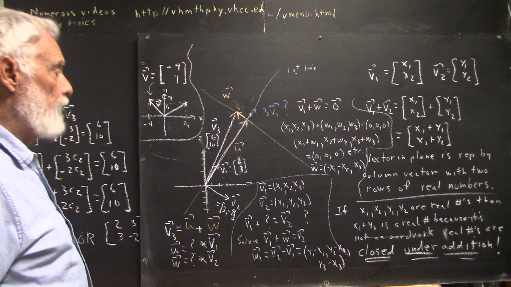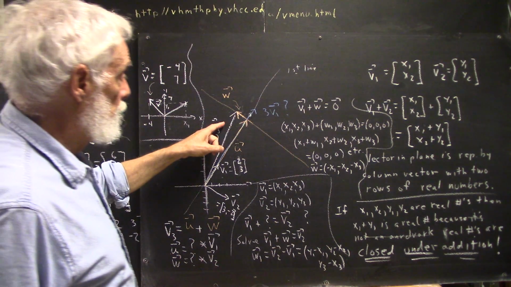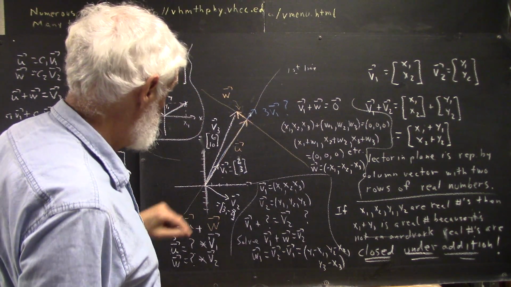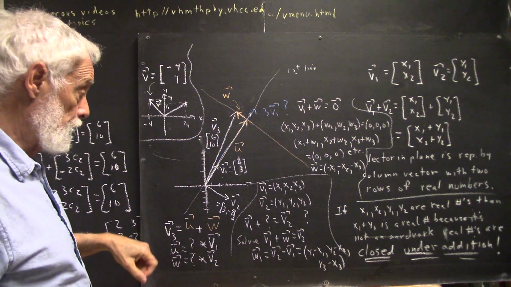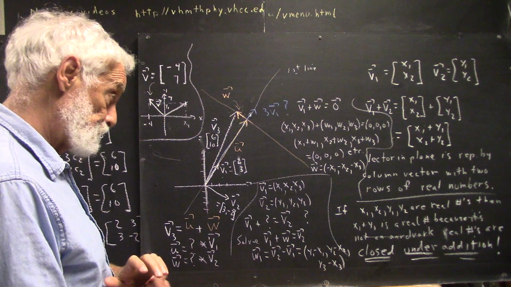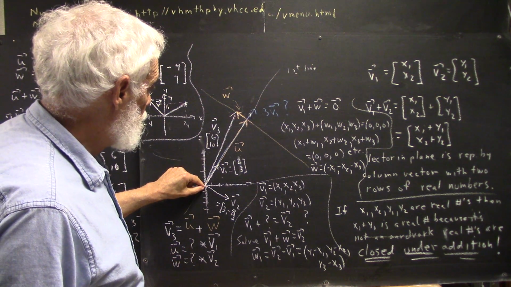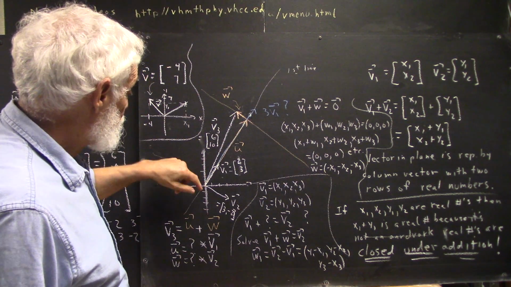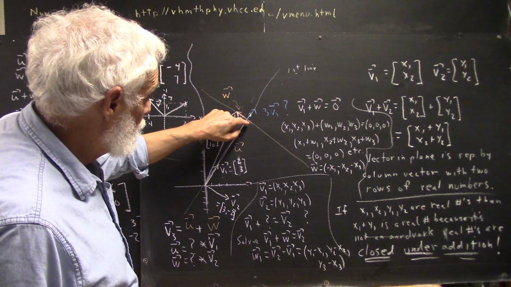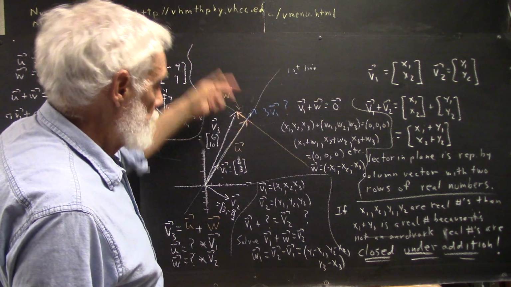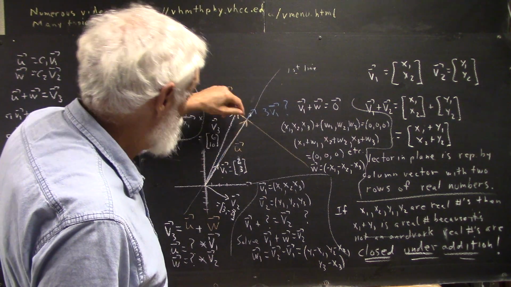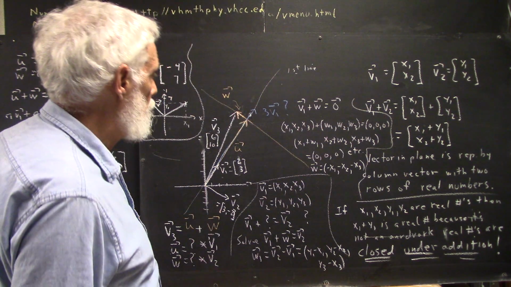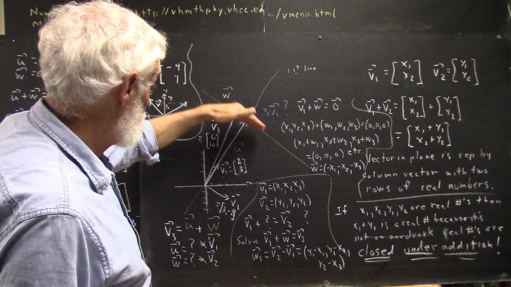So now we can say that the vector V3 is equal to the vector U plus the vector W, in the very clear sense that if U starts at the same point that V3 does, then we move along U until we get to a point that we can reach by moving along a vector parallel to V2.